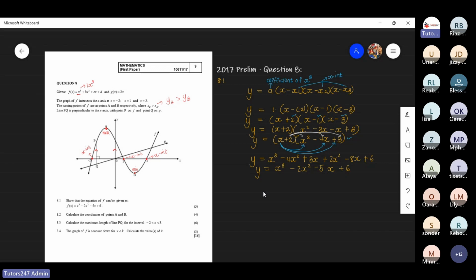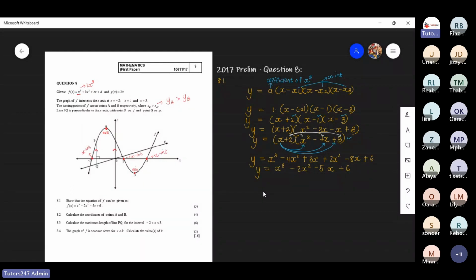If you do not have the coefficient of x cubed, an alternative method would be to have a random coordinate. If you have a random coordinate that is on the cubic function, you can substitute that random coordinate into y and x in order to find the value of a. Once you find the value of a, that is when you substitute a, x1, x2, and x3.